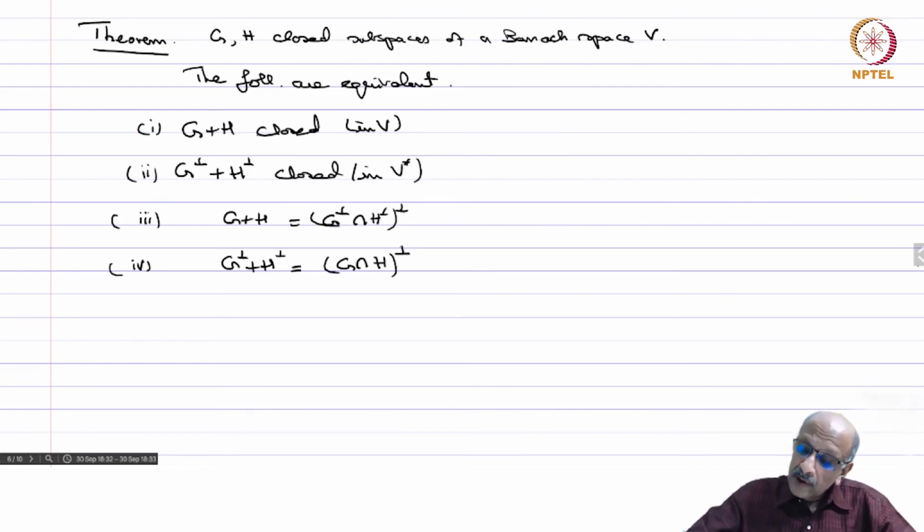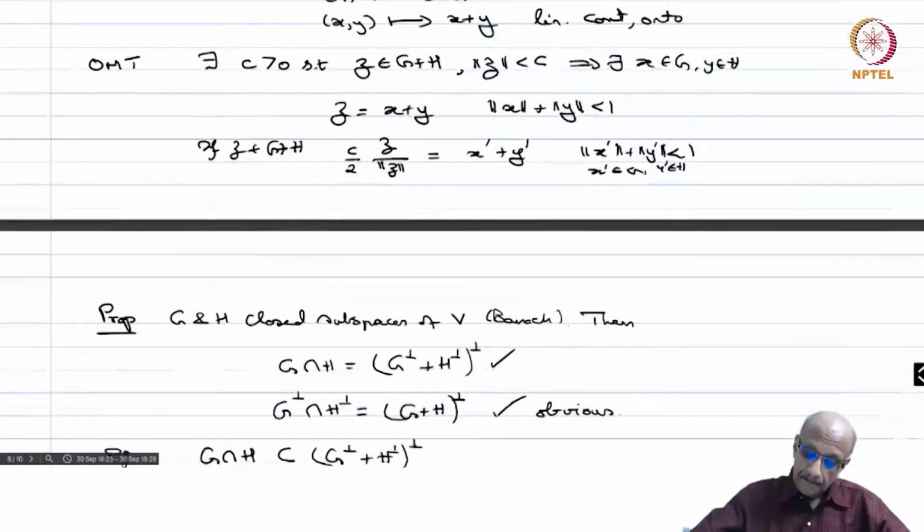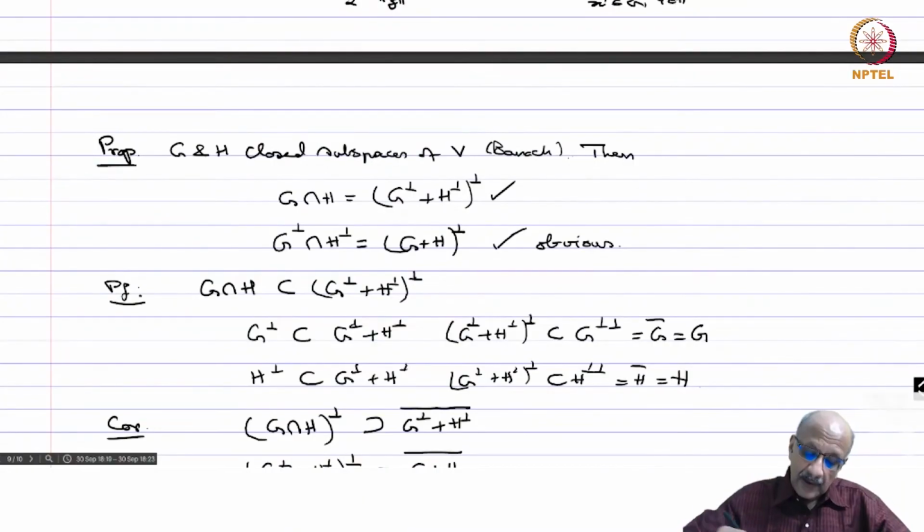Now we already know that G perp intersection H perp is (G plus H) perp.